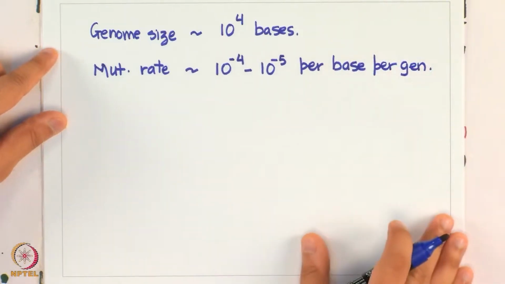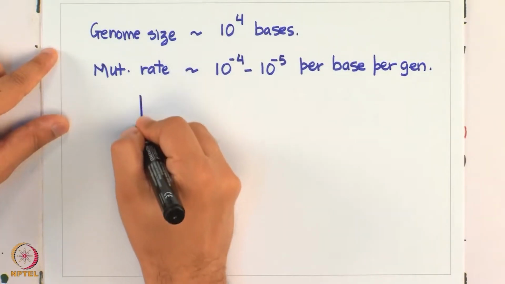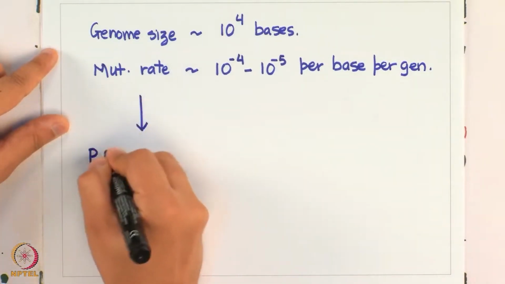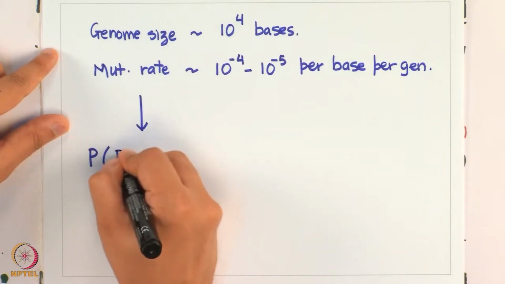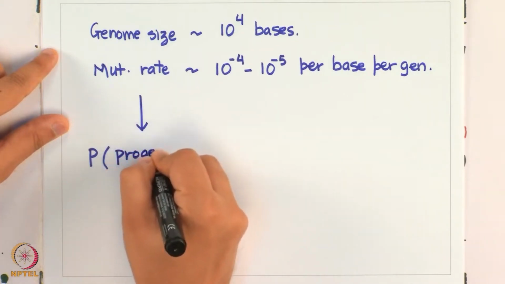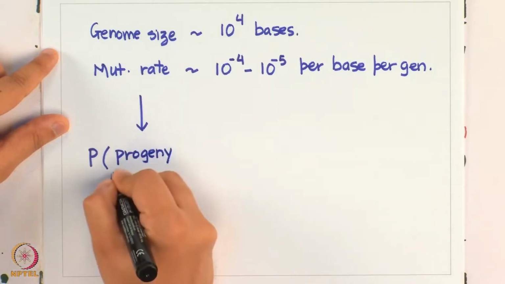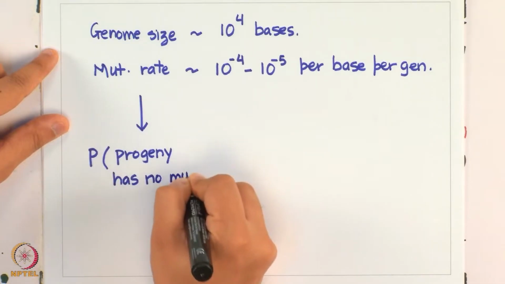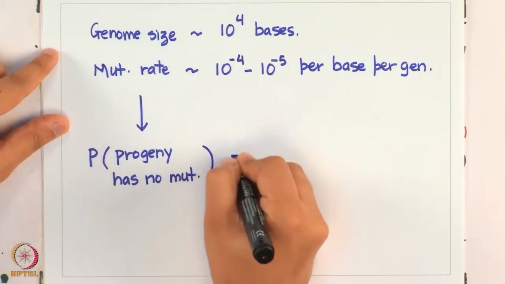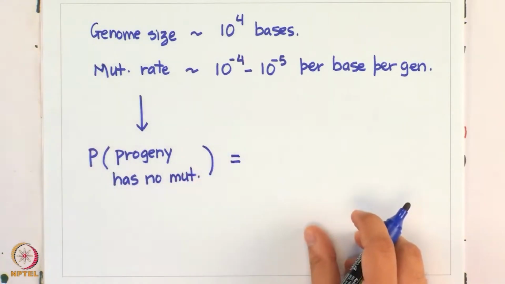So, the first thing that you should check is, when the virus replicates, what is the probability that the progeny has no mutations. Again, this is something that we touched upon earlier in the course.